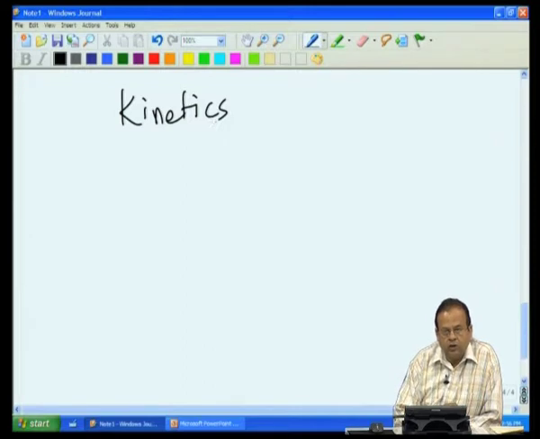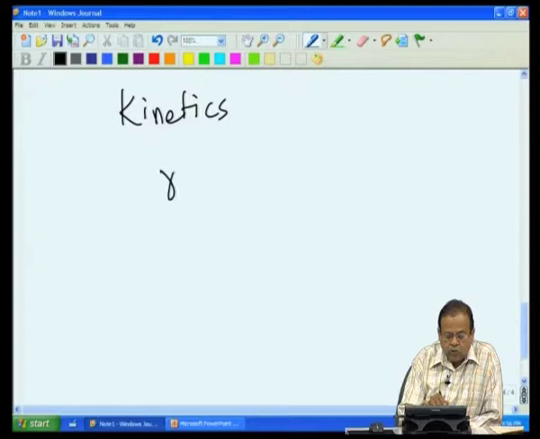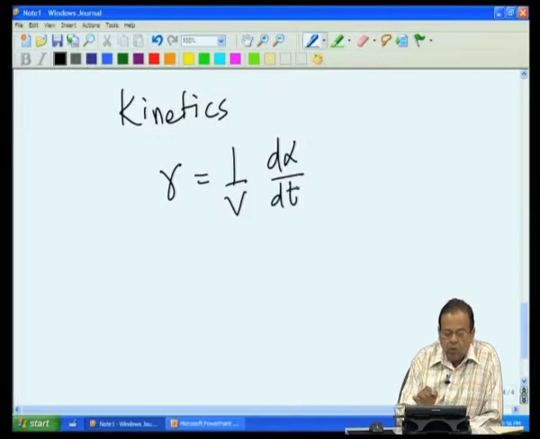So, armed with all this information, we then focused our attention on the kinetics of the reactions. Kinetics, that is the measure of rate of reaction, and this rate of reaction we defined for a closed system as the rate of change of extent of reaction with time, and defined it as an intrinsic variable by normalizing it with the volume of the reacting mixture.